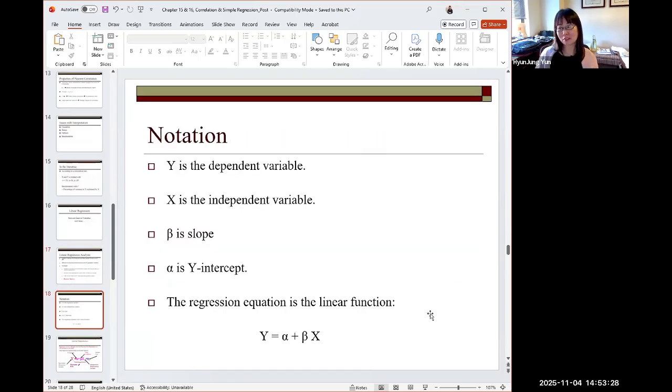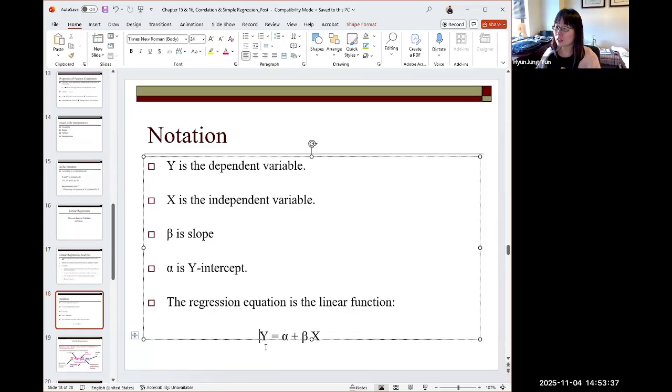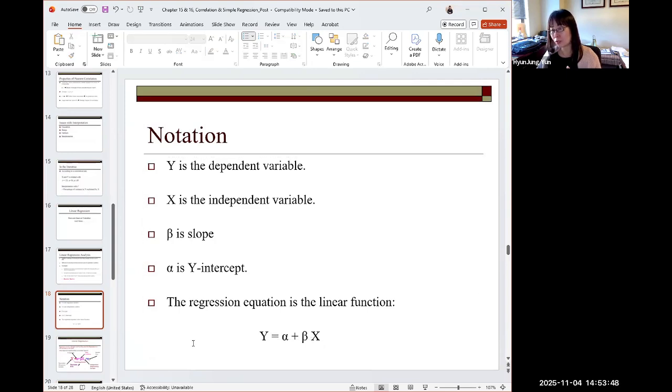So for the regression model, I want us to all be on the same page in terms of notation. Beyond the correlation model, what we are doing with the regression model is making sure we have an equation model, something like this.